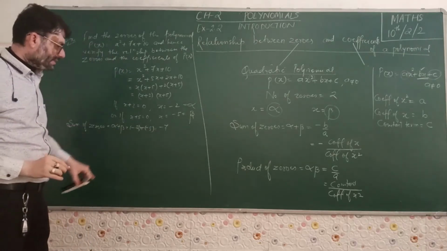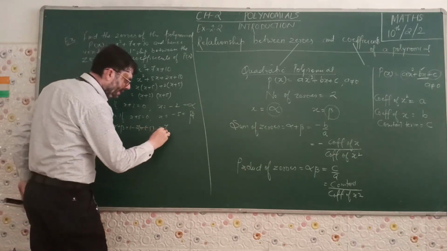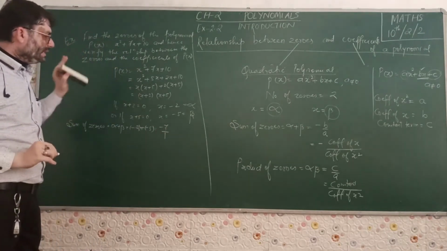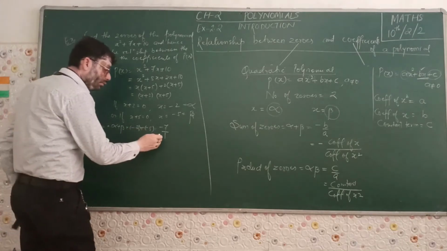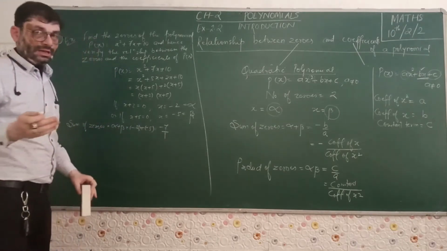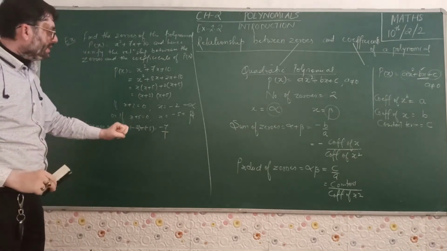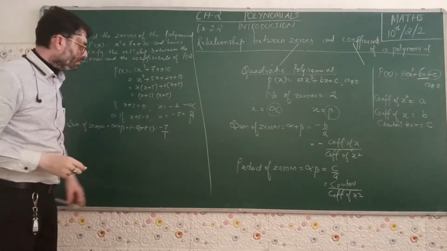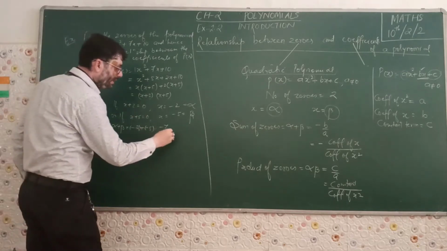If this is minus 7, this can be written as minus 7 upon 1. We could do it another way, but this is the easiest way because the coefficient of x square is 1. So we can consider 1 here. And what is minus 7?